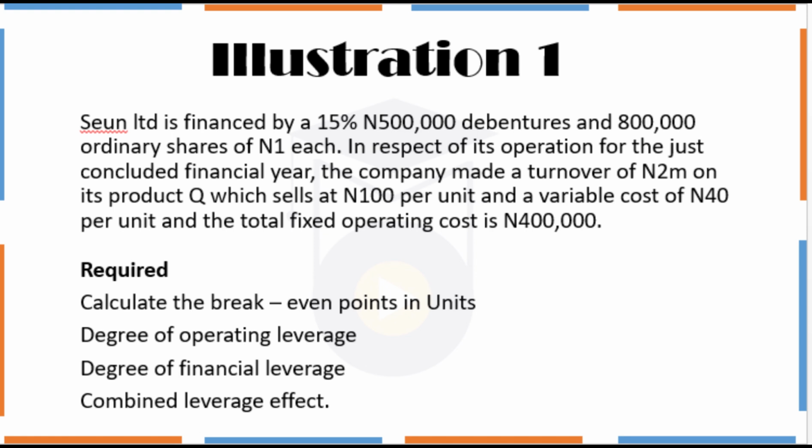Now first we are going to be extracting our variables before we can solve the question. First of all, the quantity. In the question, we're not given the quantity straightforward. They only told us that there was a turnover of 2 million naira, but the selling price is 100 naira.